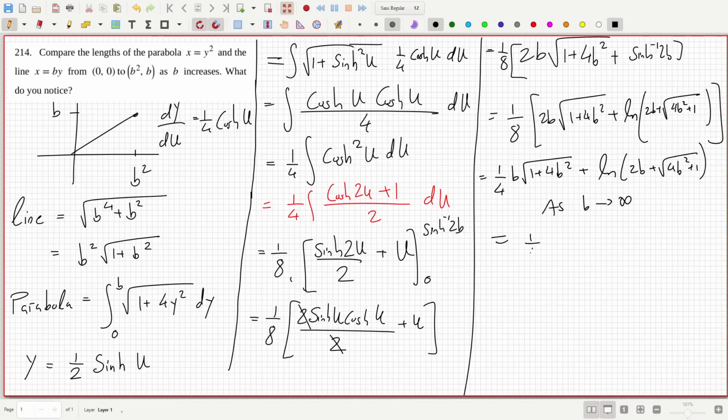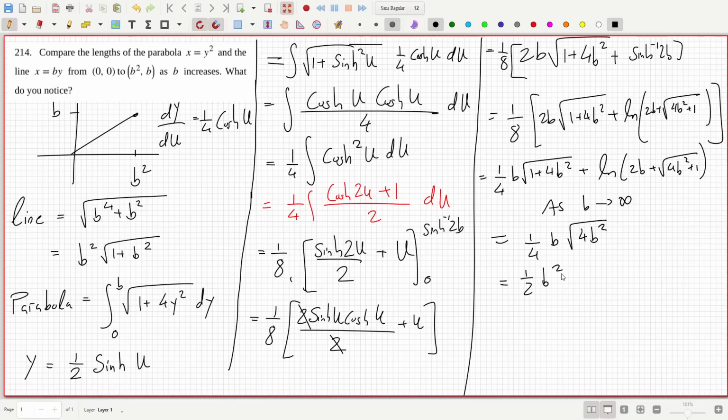And that would be only like that, which would then be root 4 is 2, so that's a half b squared.